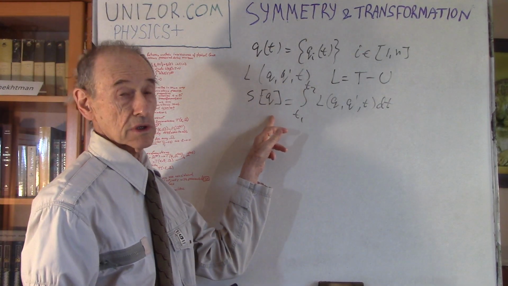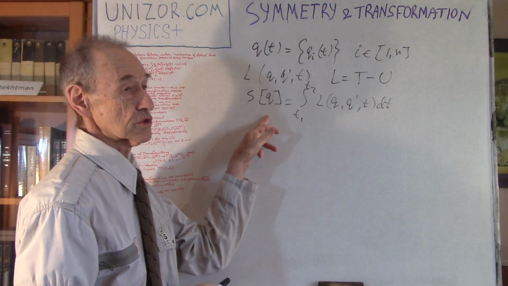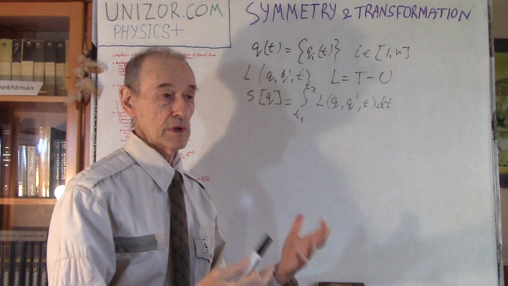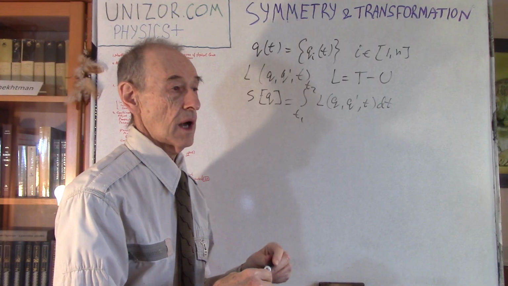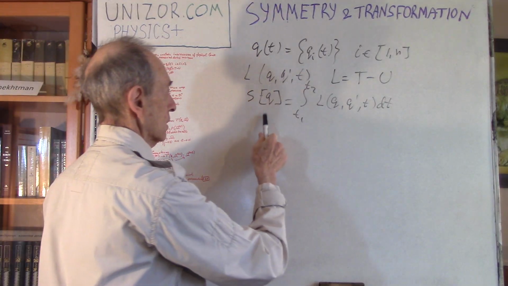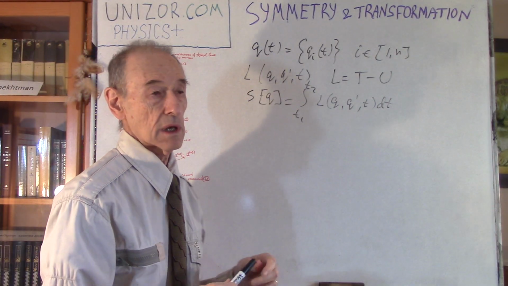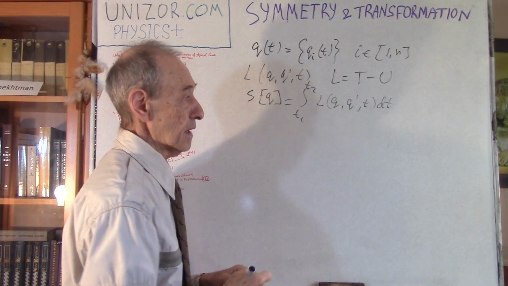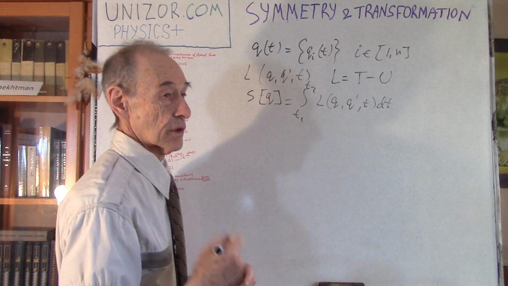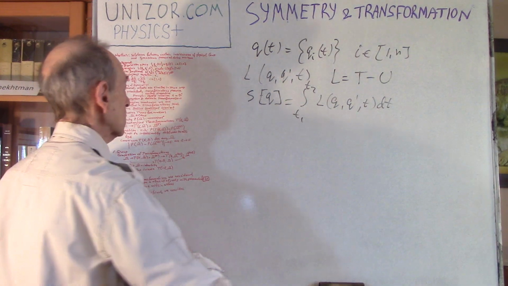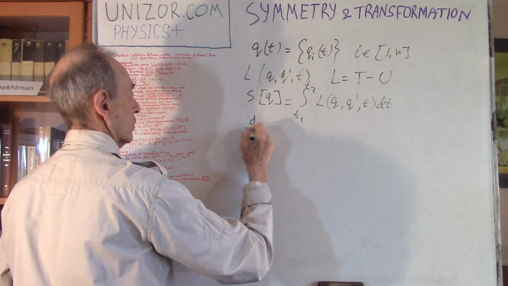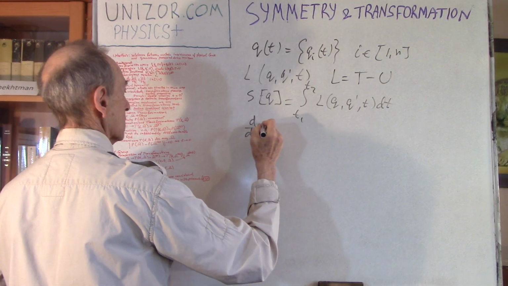Considering this is a functional, which means a function of a function, the real trajectories of real objects moving are actually stationary points of this functional, and to derive these real trajectories we need the Euler-Lagrange equation, which looks like this.